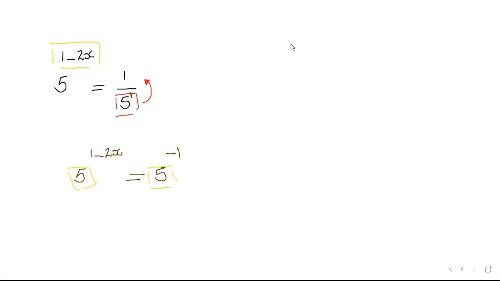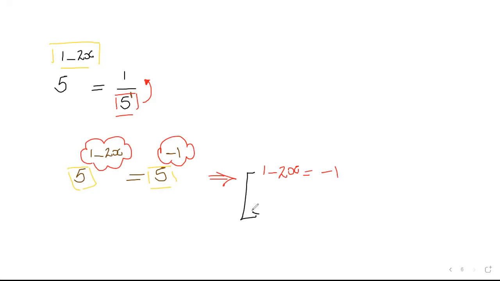That's a good sign, because it means you can take the exponents to be equal to each other. Then you say 1 minus 2x should equal minus 1. From here, it's going to be an easy task. I'm just going to take minus 2x to the right side, take minus 1 to the other side. Then I get 2 equals 2x. You divide both sides by 2, you get x equal to plus 1.